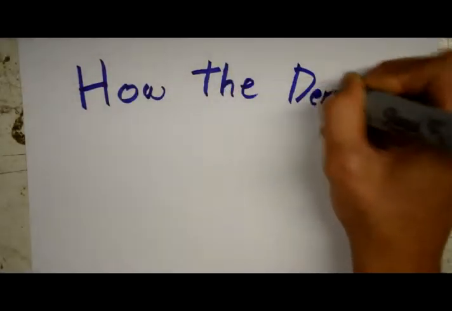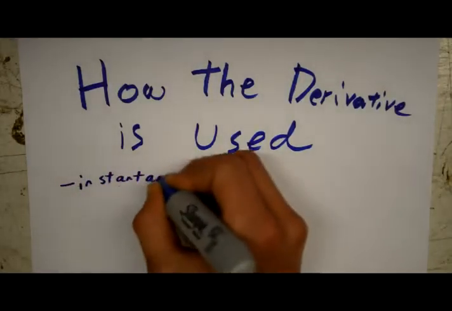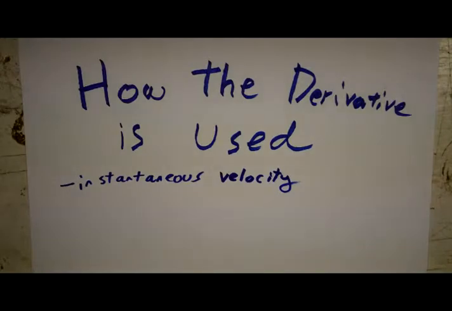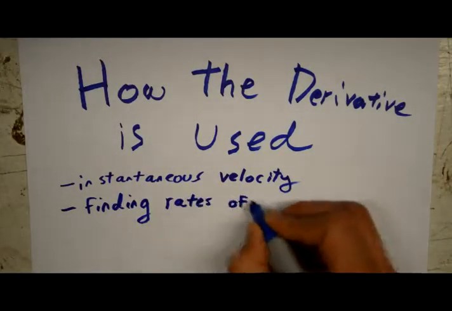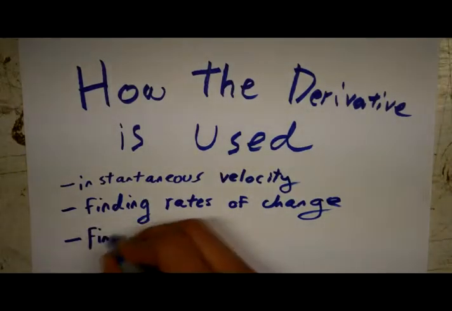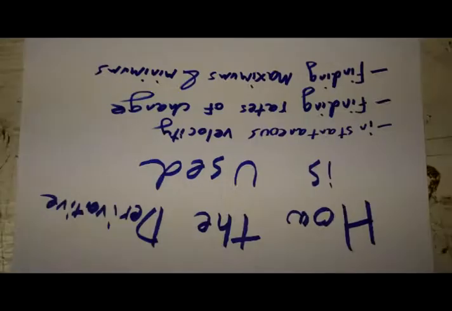This has an enormous amount of applications. To list a few, we can use the derivative to find the instantaneous velocity of any moving object, or we could use it to find the rate of change of an equation giving any increase or decrease in quantity or distance. We can also use it to find the maximum or minimum of a graph.